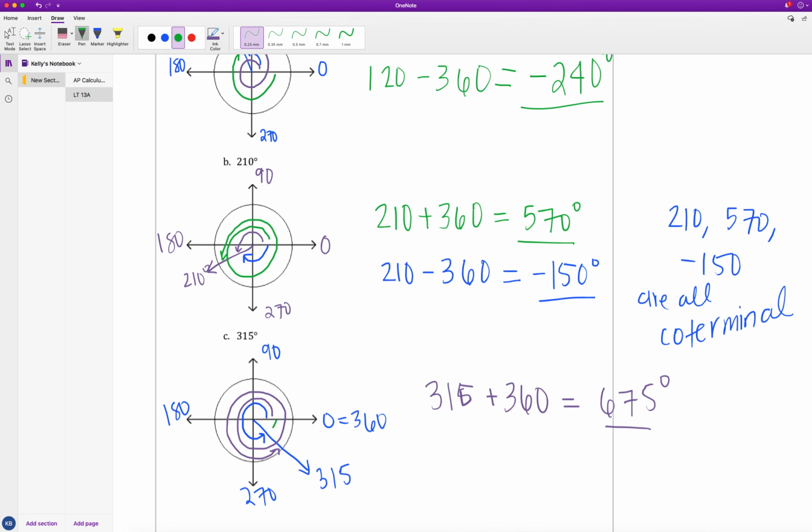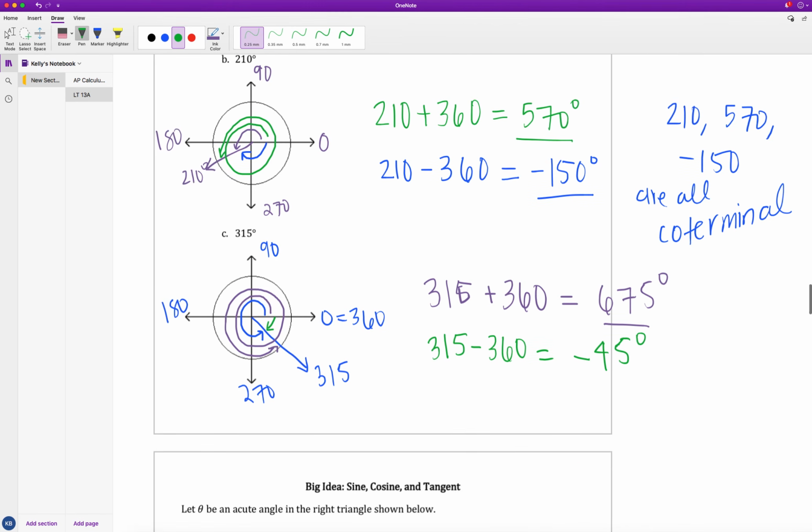So if I start here and I rotate down, so I'm rotating clockwise, I'm getting this little itty bitty tiny angle, which will end up being negative because it was my 315 minus my 360, which is actually negative 45 degrees. Remember, I could find more coterminal angles. I just keep rotating either positive, so counterclockwise, or rotate negative, which would be clockwise.